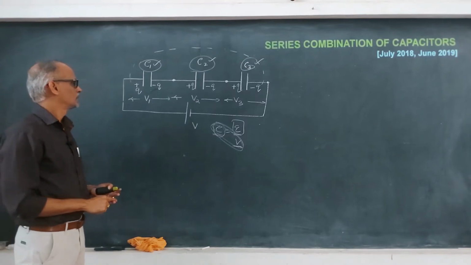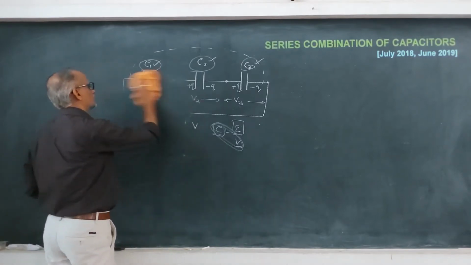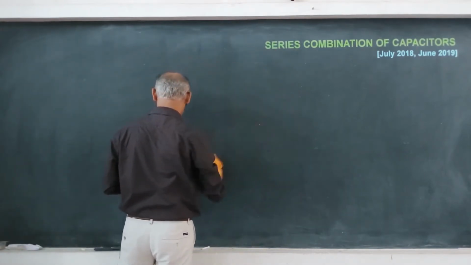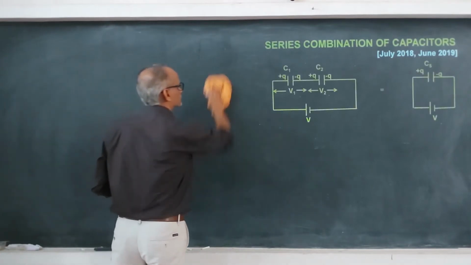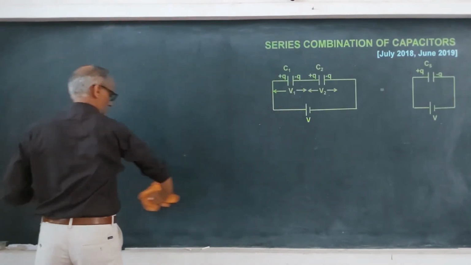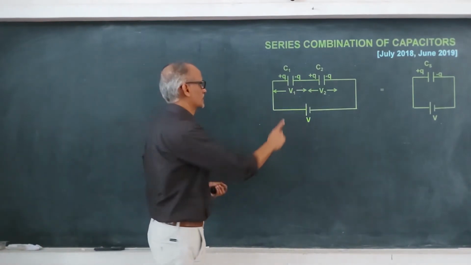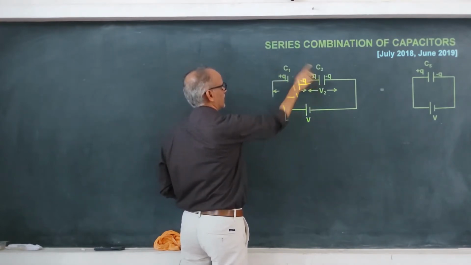Okay. So, this is the series combination of the capacitors. So, let us take the combination here. This is the circuit. See the circuit now, so that we can derive the relation. I have taken only 2 capacitors. First capacitor and second capacitor, having capacities C1 and C2.